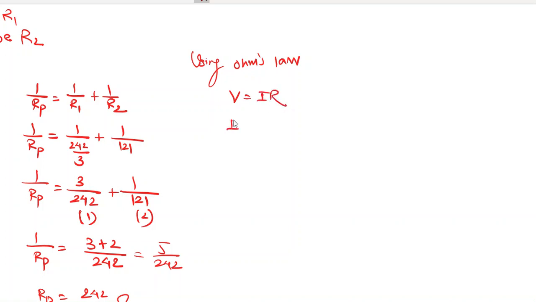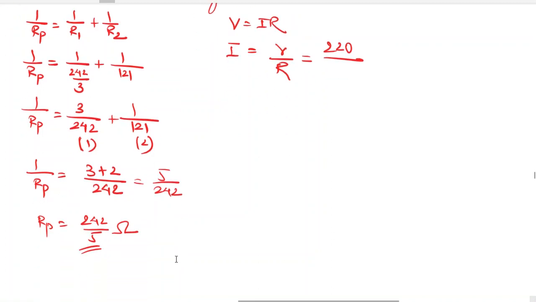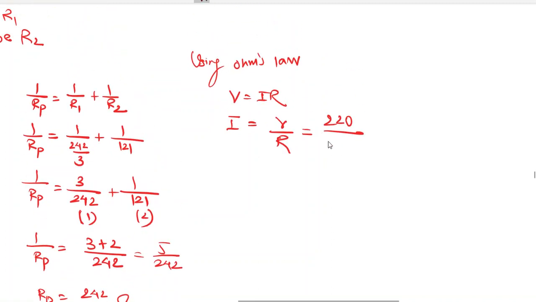So current drawn I is equal to V by R, and V is 220 and R, we just found, that is 242 by 5. So that is 220 multiplied by 5 upon 242.